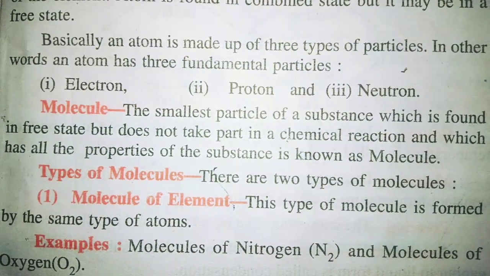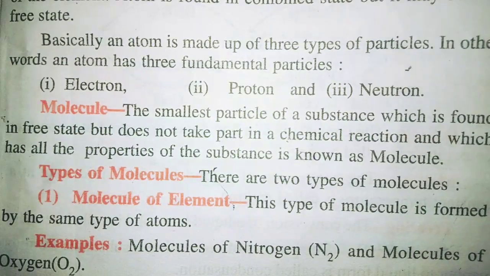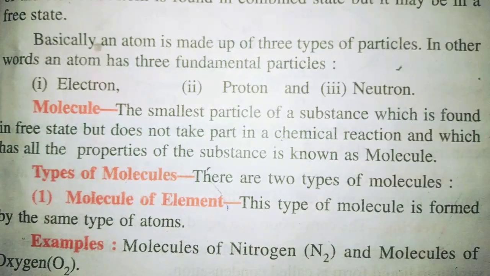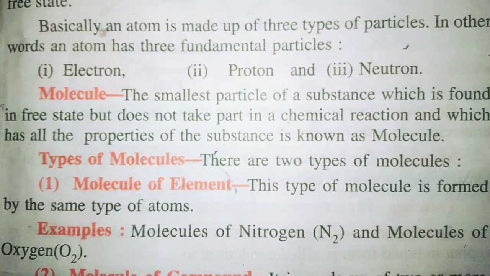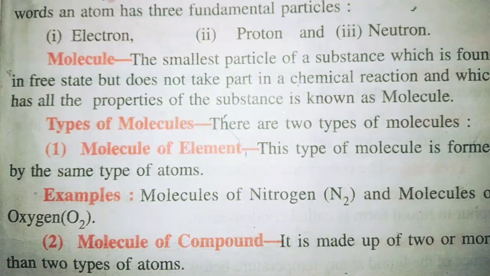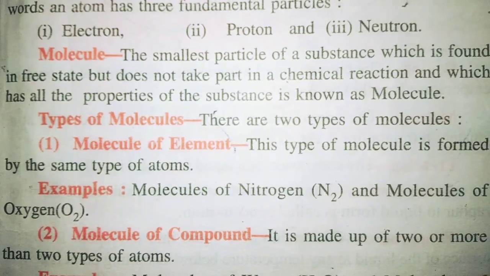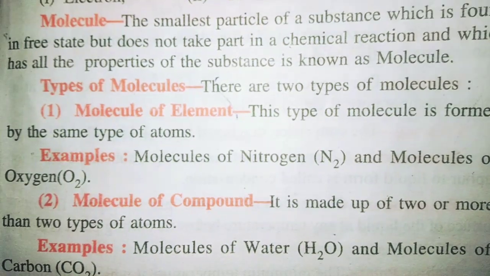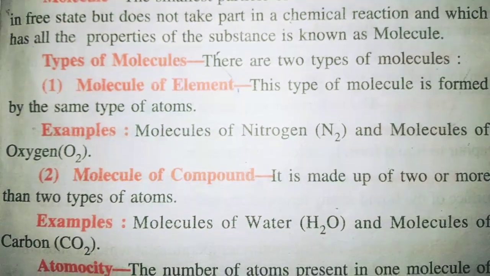Its examples are the molecule of nitrogen, that is N2, where N is the symbol of nitrogen and 2 is the number of atoms, and the molecule of oxygen, that is O2. The second one is the molecule of a compound. It is made up of two or more types of atoms. Its examples are the molecule of water, that is H2O, and the molecule of carbon dioxide, CO2.